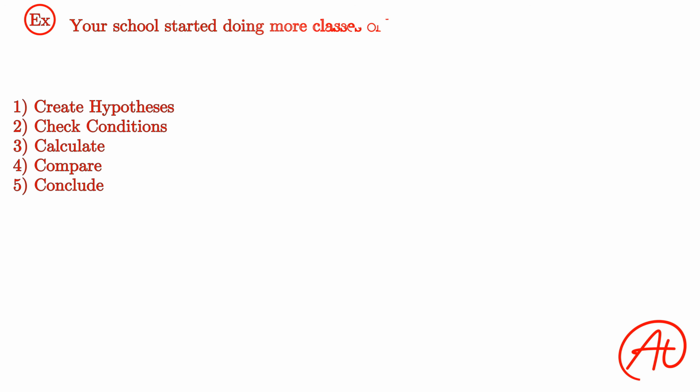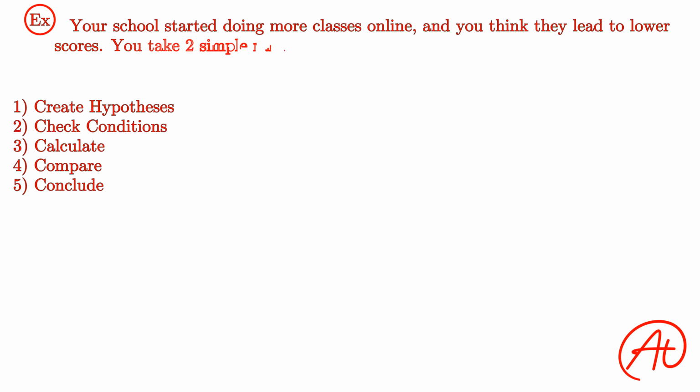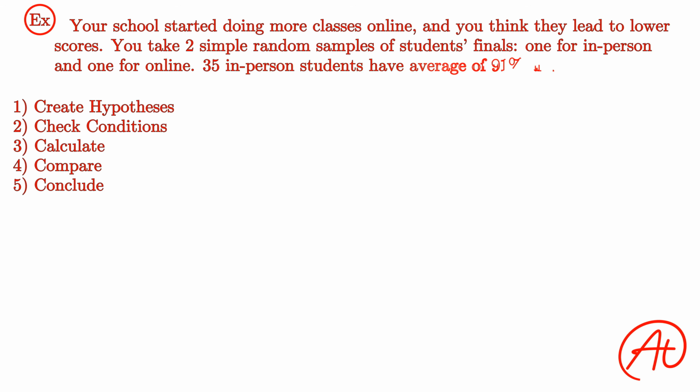Your school has started doing more classes online, and you think they lead to lower test scores. Your math professor teaches her course in person and online, so you decide to test your idea. Your professor allows you to take two simple random samples of students' final exam scores. One for students taking the course in person, and one for students taking the course online.